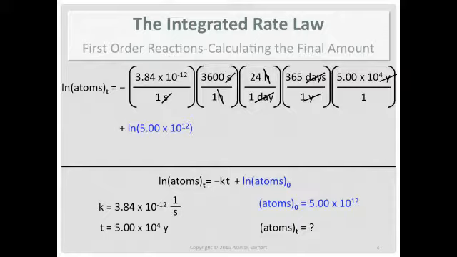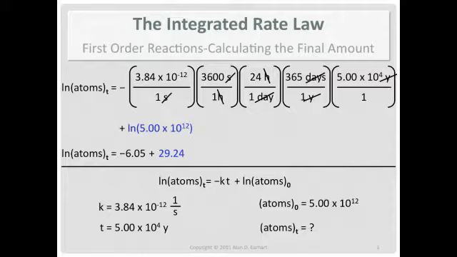So where are we now? Let's do some math. Let's do that first part above: 3.84 times 10 to the minus 12th times 3600 times 24 times 365 times 5.00 times 10 to the fourth. And don't forget the negative sign. And then the second piece of it.